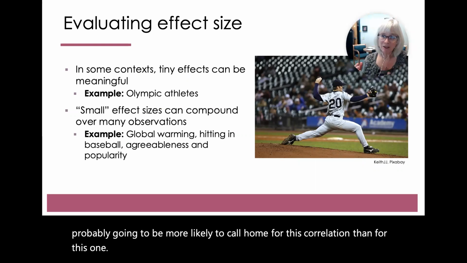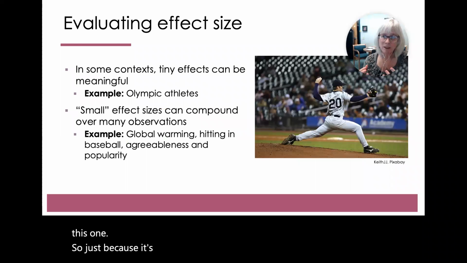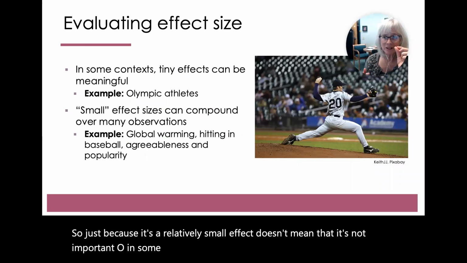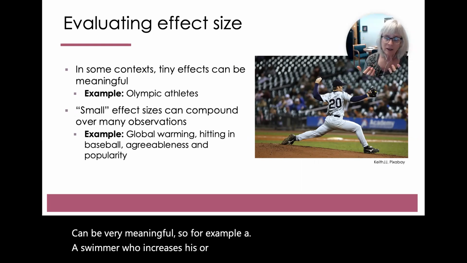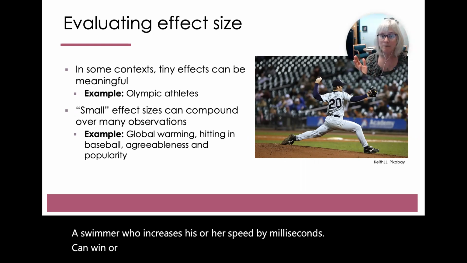So just because it's a relatively small effect doesn't mean that it's not important. In some contexts, tiny changes can be very meaningful. So for example, a swimmer who increases his or her speed by milliseconds can win or lose a race.